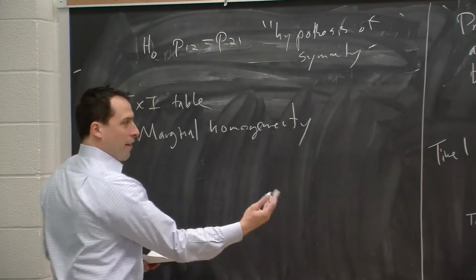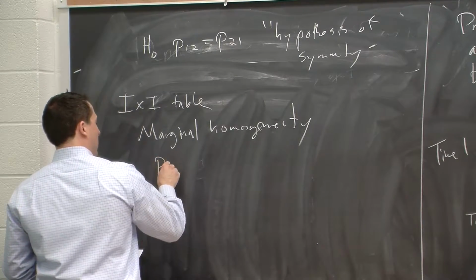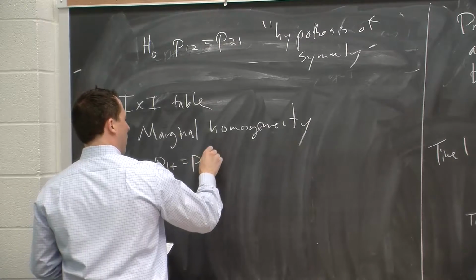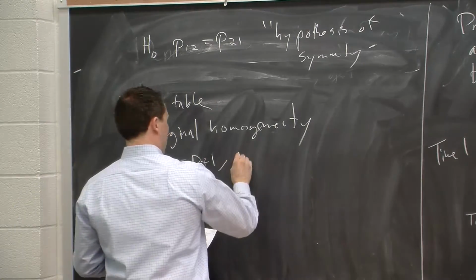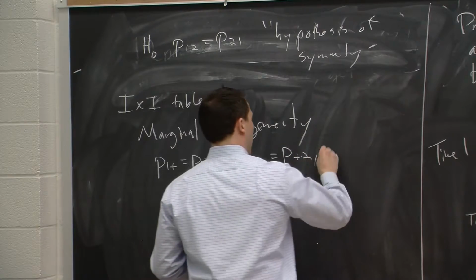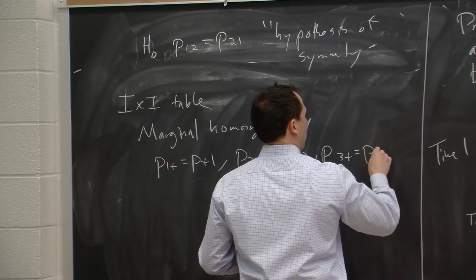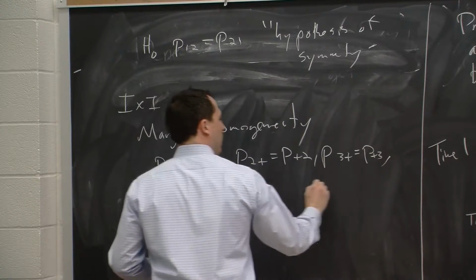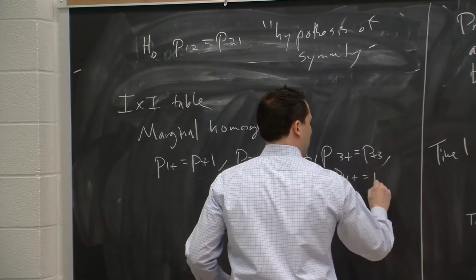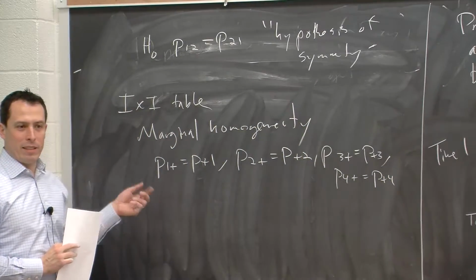And I want to know whether anything had changed. What I'm asking for marginal homogeneity is: is P1+ equal to P+1, before and after? Is P2+ equal to P+2? Is P3+ equal to P+3? And is P4+ equal to P+4? So I have 4 equalities that I would need to check, right?